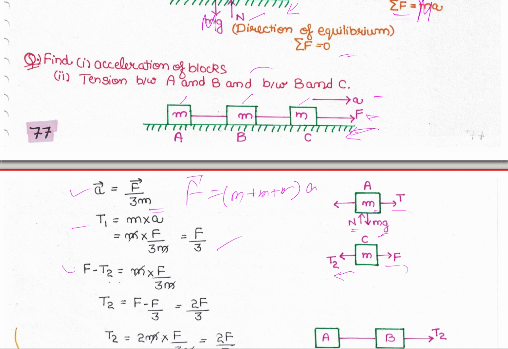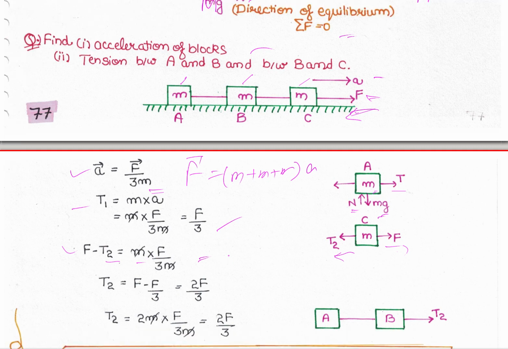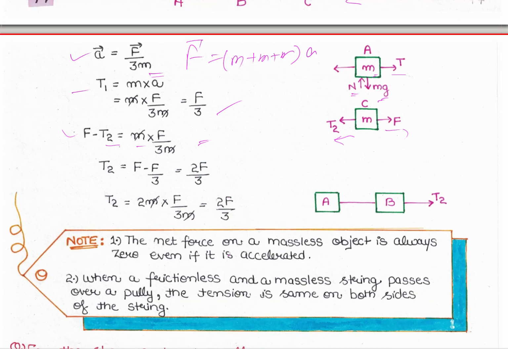Or F minus T2 is equal to m into A, that is m into F by 3m. So we get T2 is equal to 2F by 3. Or if we take this mass like this with this tension T2, we can write T2 is equal to 2m into F by 3m, which is 2F by 3.